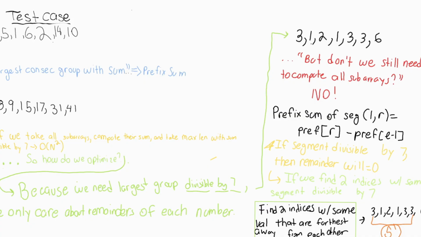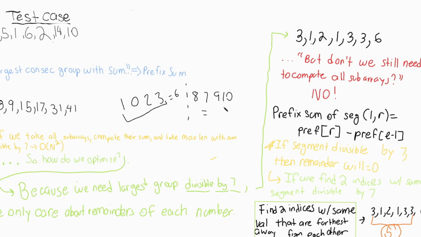Because if you have, say, an array of 1, 0, 2, and 3, this sum is equal to 6. That's not divisible by 7. Now, say we have instead an array of 8, 7, 9, and 10.